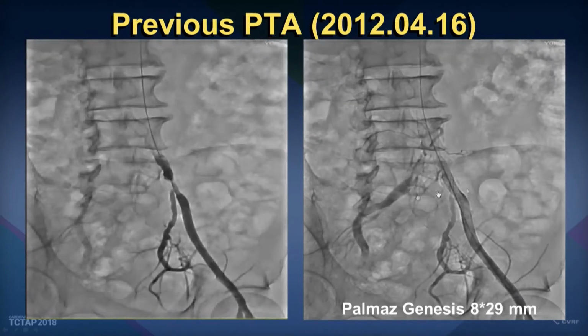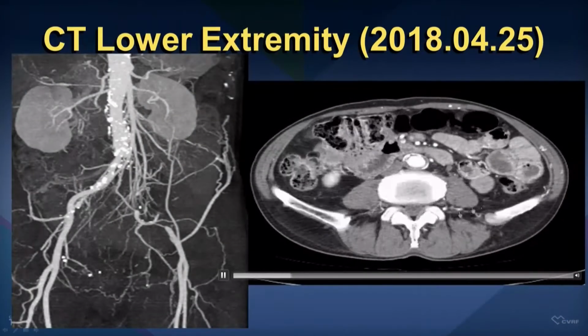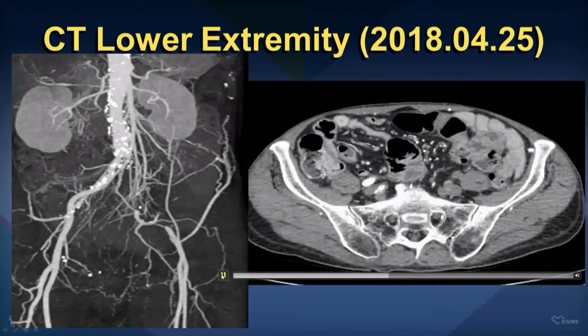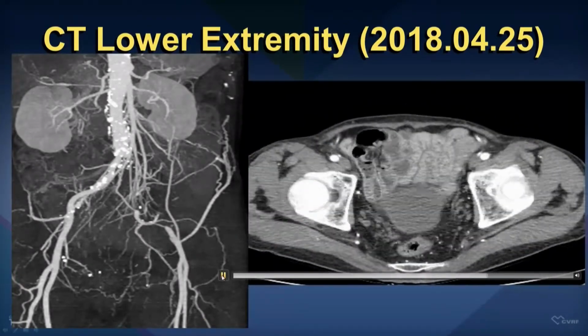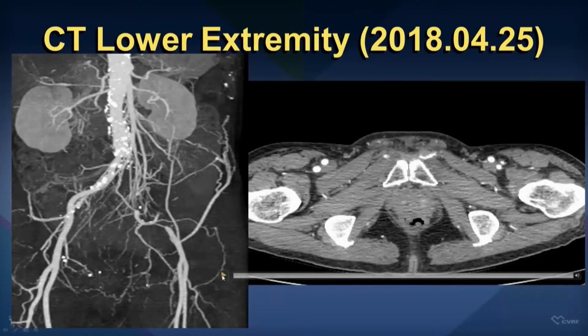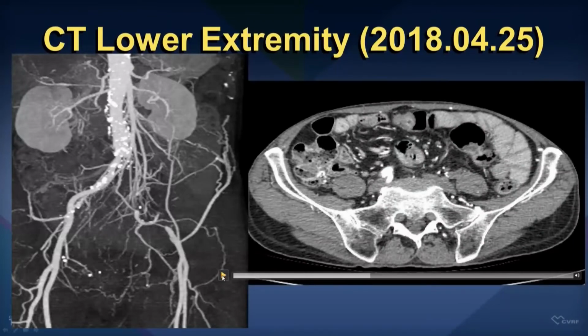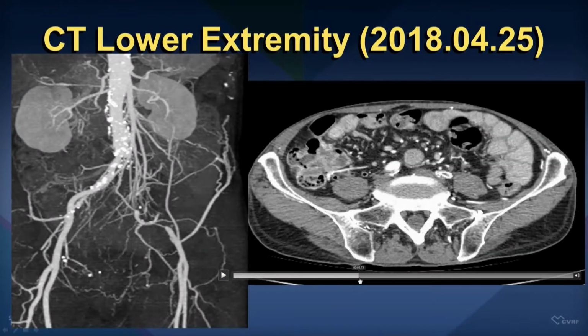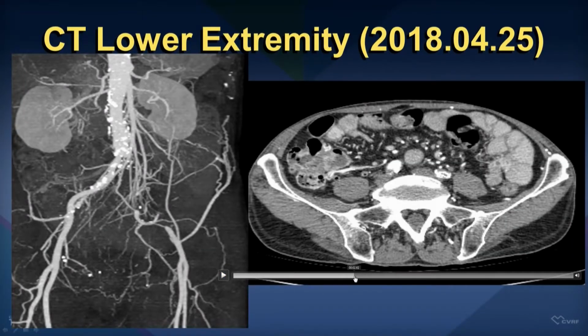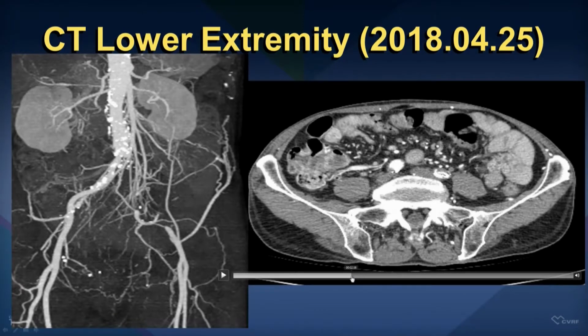Recently he had aggravated intermittent claudication, and we performed a CT scan, which showed total occlusions of the proximal ostium of the left common iliac, and then the distal external iliac to the common femoral side.